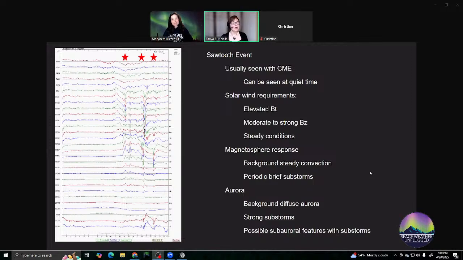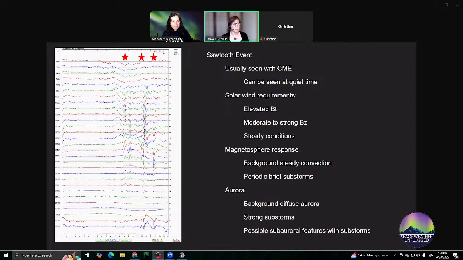So one interesting thing, because BZ was nearly flat negative, we ended up with a little bit of a sawtooth event. Usually those things are seen with CMEs and with storm time activity, although they can be seen at quiet times. You just need consistent BZ, elevated BT usually, but again, not necessarily.